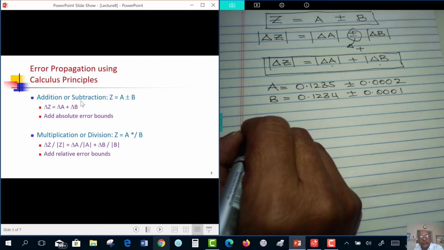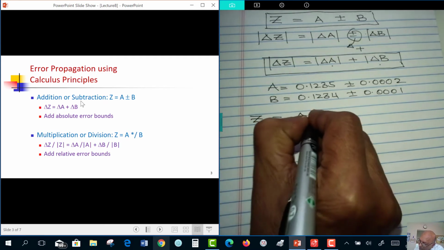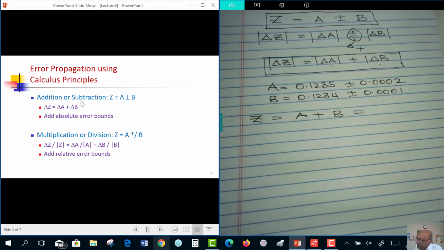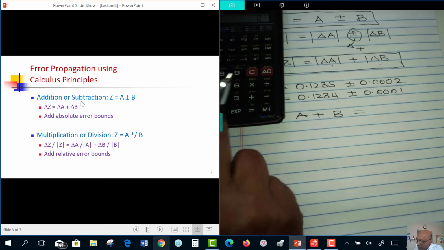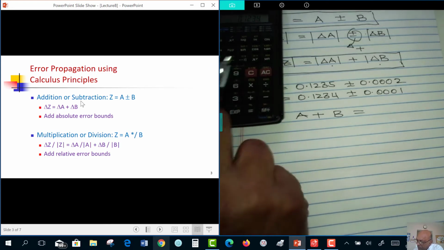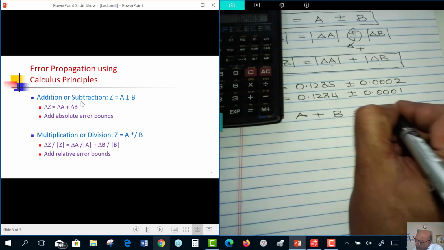Same 3 to 4 significant digits. So let's do the addition operation. Z is A plus B. So we add these two numbers, and we get 0.2469.